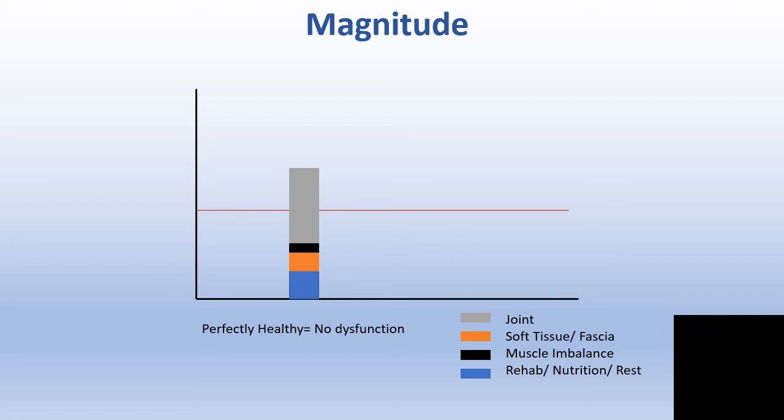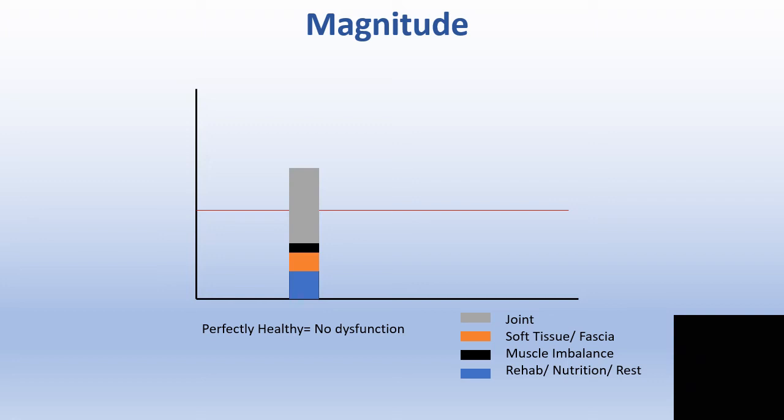Magnitude is another thing to look at. If we look at here, not all blocks are going to be created equal. So we see patients in the office frequently that want to know, do I have a muscle problem? Is it a joint problem? The reality is it's usually muscle, joint, soft tissue, fascia, and the nerve is usually along for the ride.